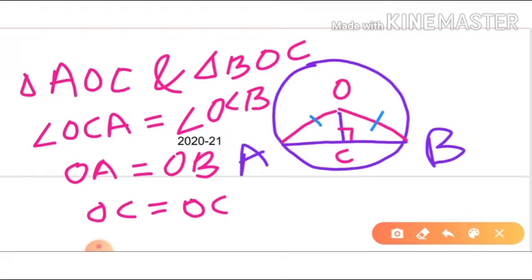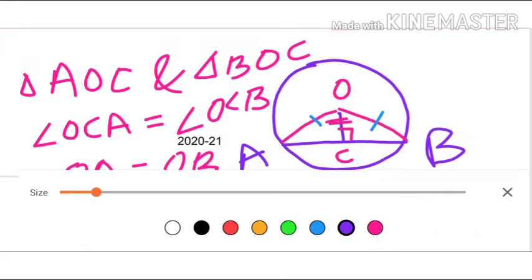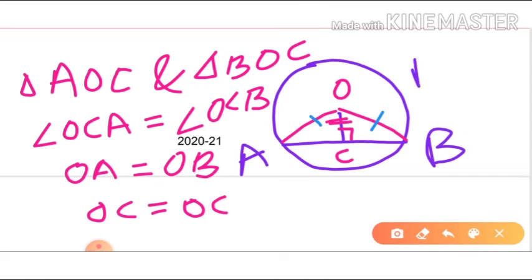Now by RHS, the right angle, hypotenuse and side theorem, these two triangles are congruent.